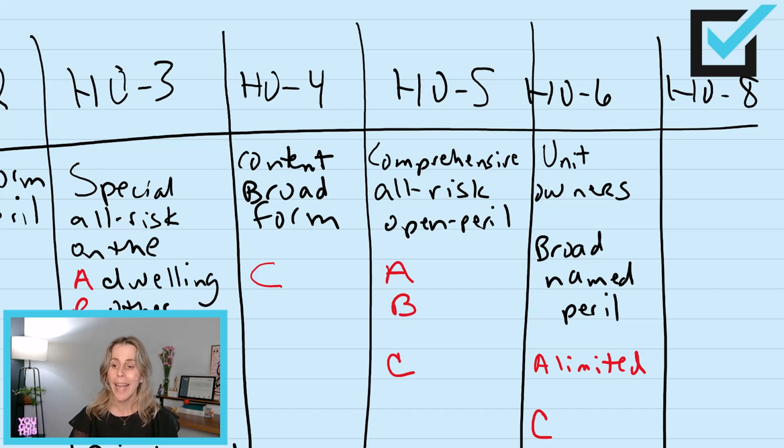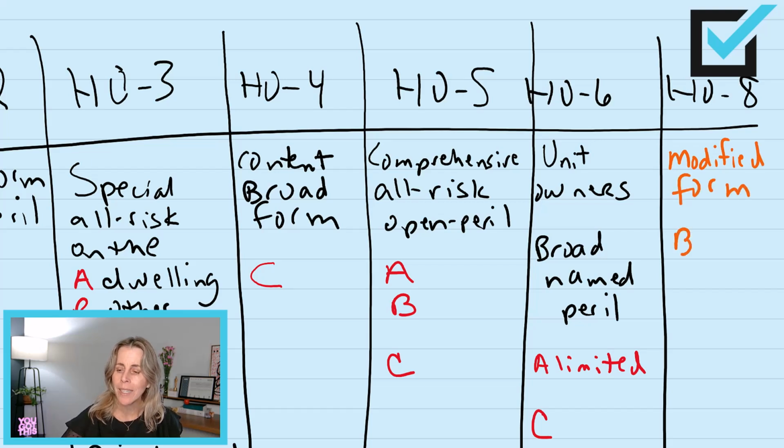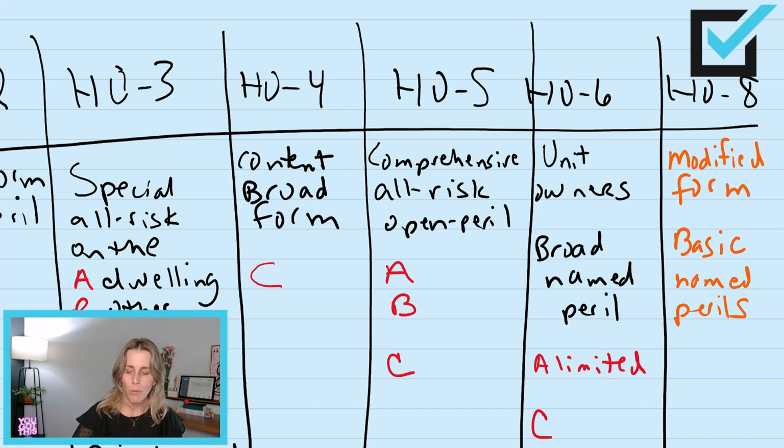The HO8 is quite unique. The HO8 is a modified form for older homes. And it has the least amount of named perils. It has basic named perils. So coverage A, B, and C are all basic named perils.